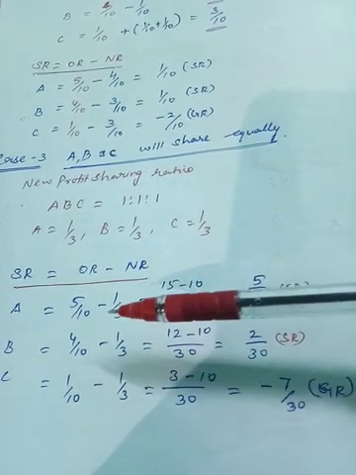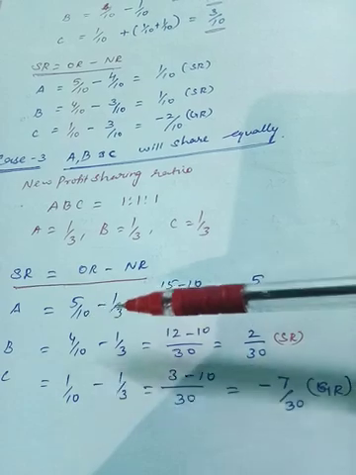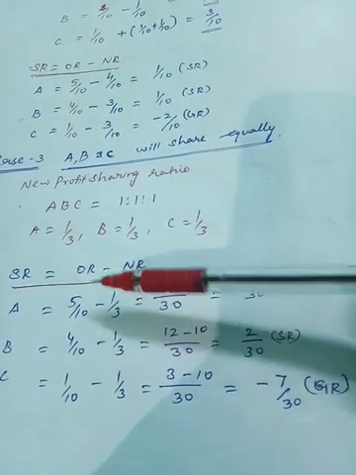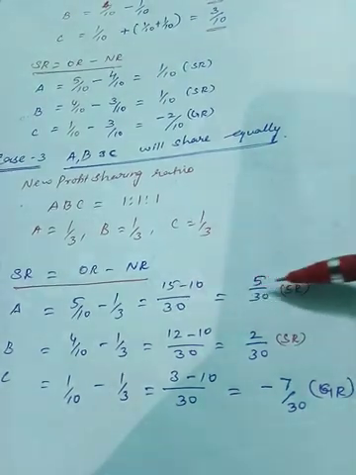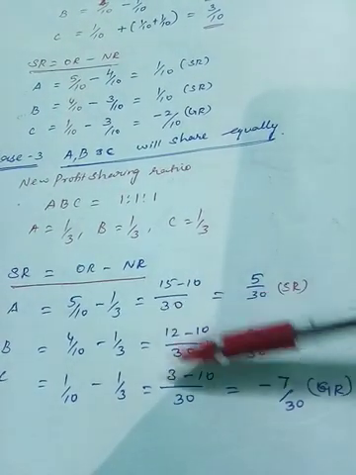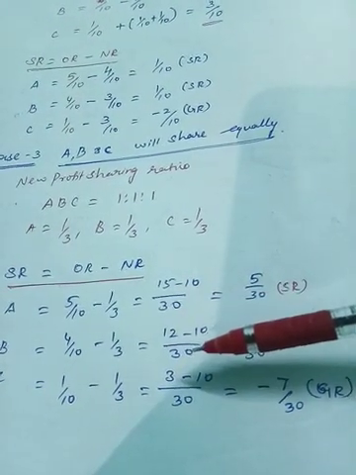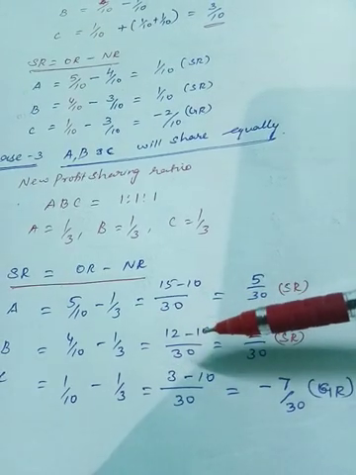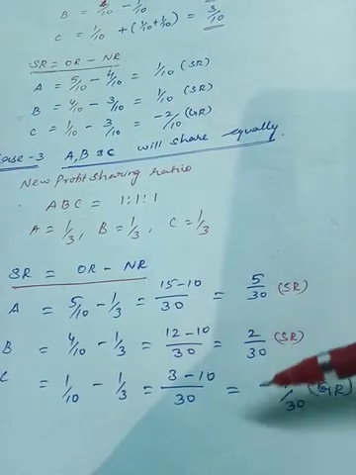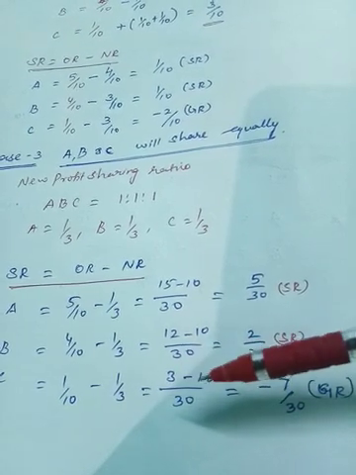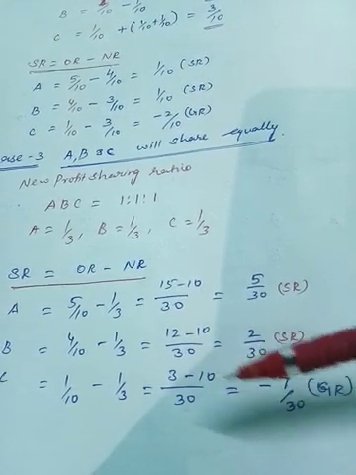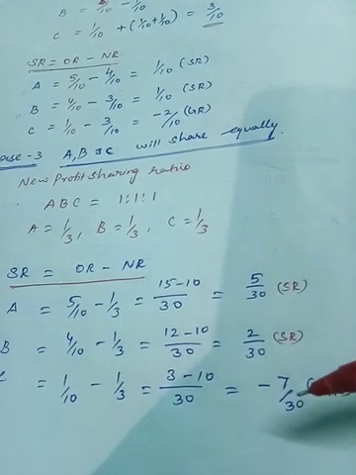Or else cross multiply the denominators, 10 into 3 is 30, then cross multiplication, 3 into 5 is 15, 10 into 1 is 10, so 5 by 30. Here the same, 3 into 4 is 12, 10 into 1 is 10, so 2 by 10. Here 3 into 1 is 3, 10 into 1 is 10, minus 7 by 30.